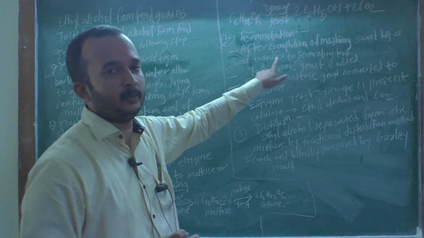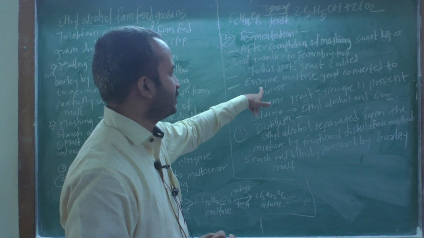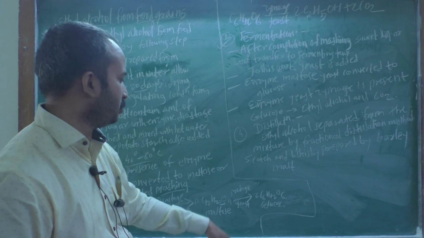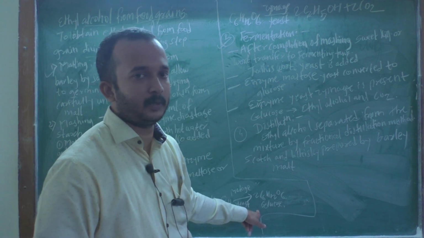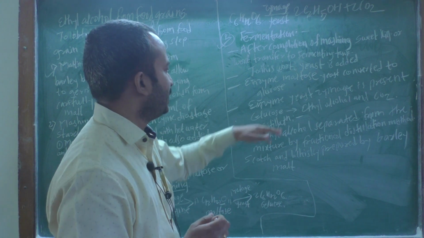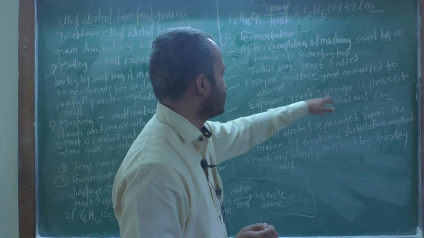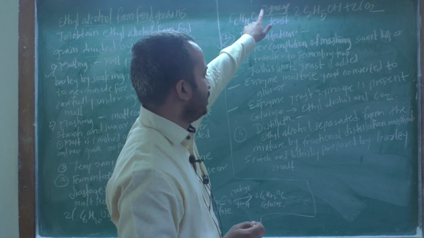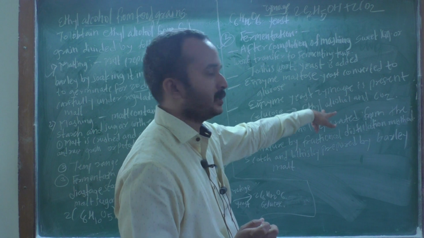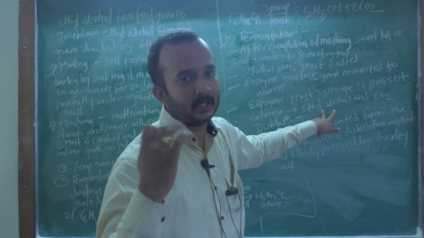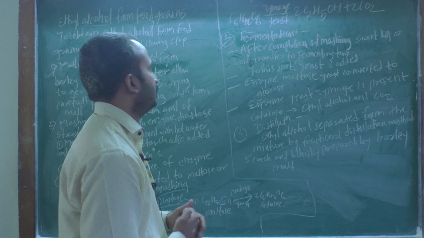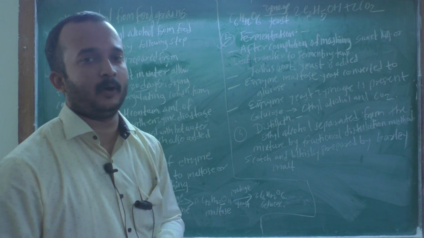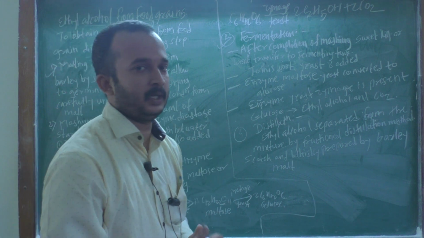In this fermenting tank you add the yeast, such as the enzyme maltase yeast, and it is converted to glucose. Then the enzyme yeast zymase present acts on the glucose, and it is converted to ethyl alcohol and carbon dioxide. So this is the fermentation process, which converts the food grain into ethyl alcohol.